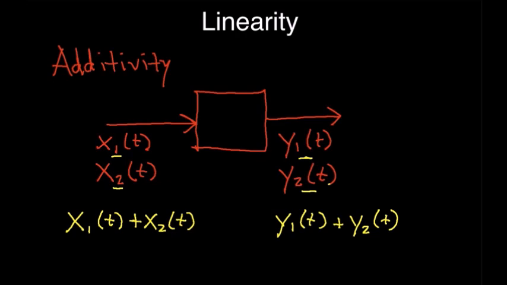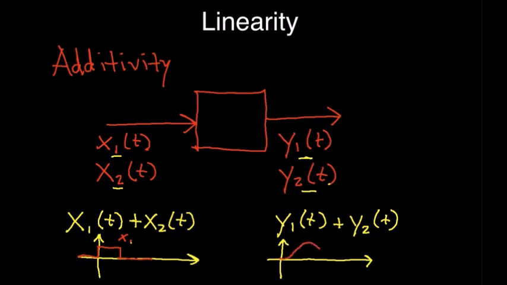So graphically, let's see if we can put together something that isn't completely hard to follow. Suppose that this rectangular pulse is x1, and the response of my system to x1 is maybe something that goes like this and then goes back down.